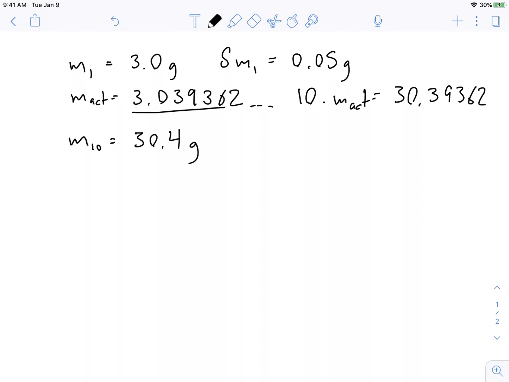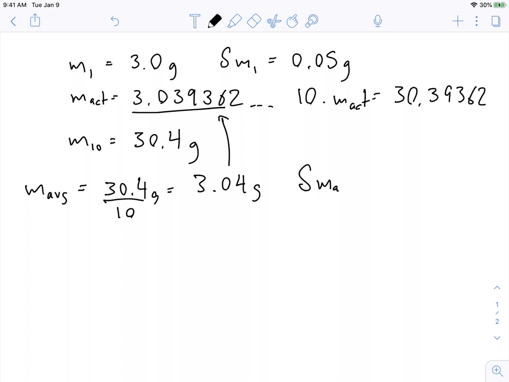Okay. Now, let's find the mass of one coin, the average. Sorry, I take this number and divide it by 10. I get 30.4 divided by 10 grams, 3.04 grams. Let's do this right. 3.04 grams. Well, that's actually really close. Getting closer to the actual real mass of this thing, right? Okay. And what's my uncertainty in this average?